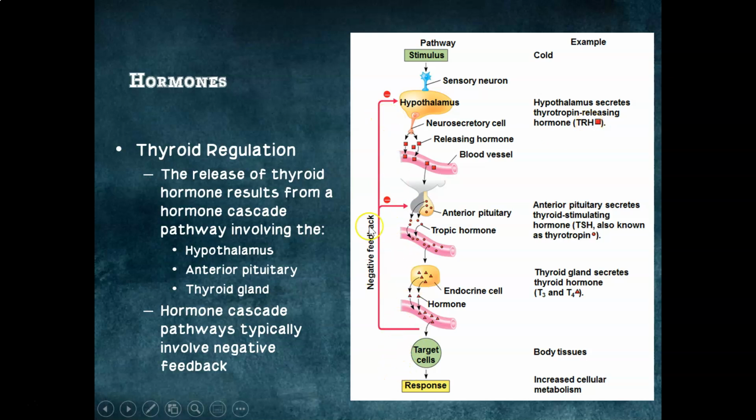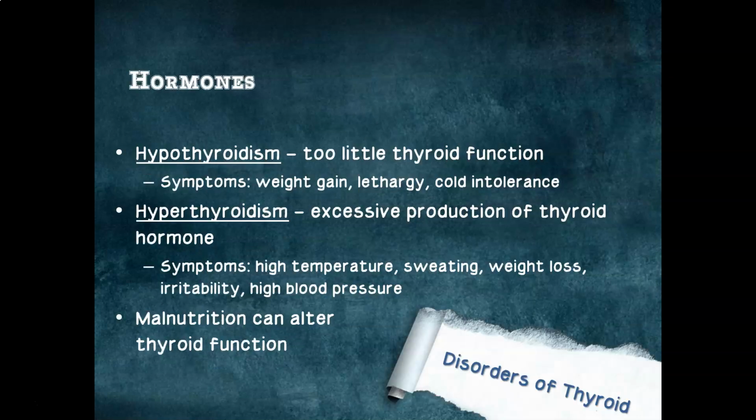And so they get cut off as the stimulus gets stopped or gets counterbalanced. In this case, we're talking about being too cold, so we're going to increase your metabolism in order to warm your body back up. And you've got all of these steps in that pathway in order to do that.